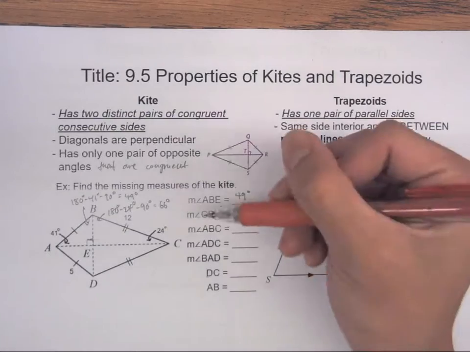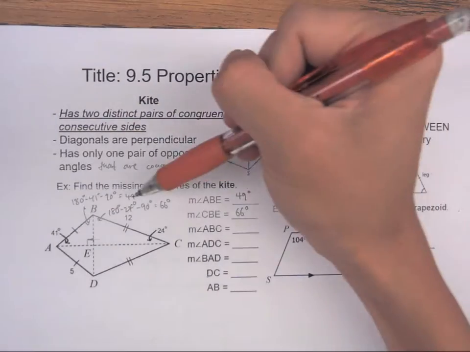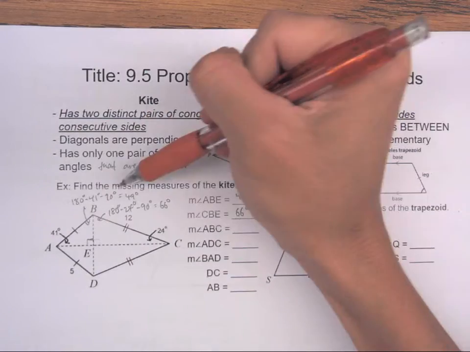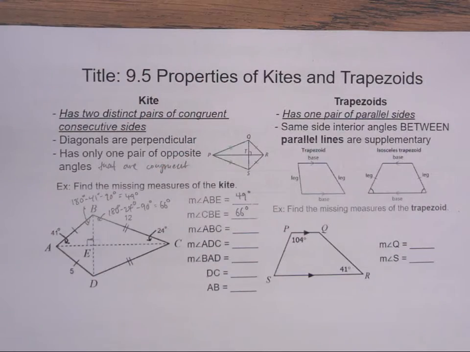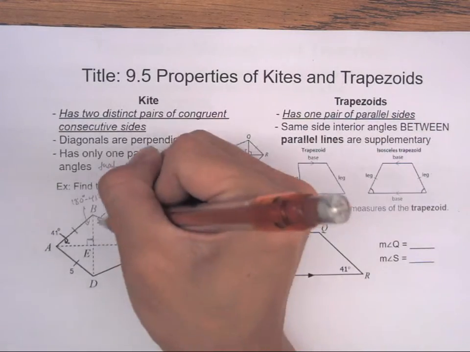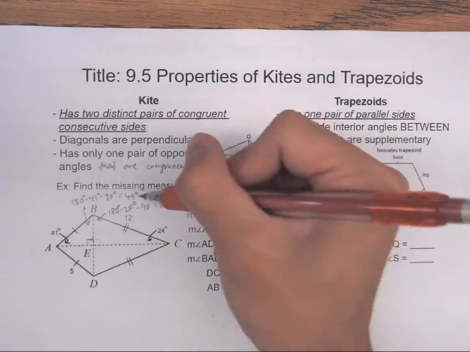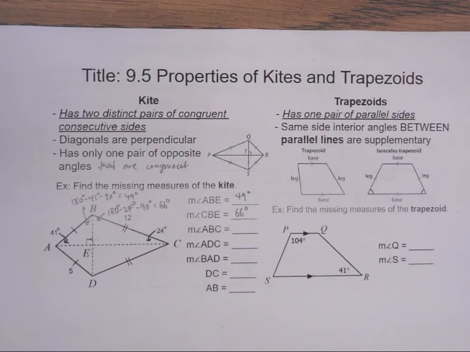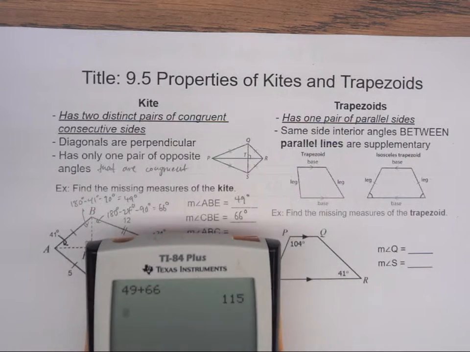Next part. Measure of angle ABC. We know that angle ABE is 49 degrees and CBE is 66 degrees. Therefore, if we add these two measures together, that should give us angle ABC. So 49 plus 66 gives 115.